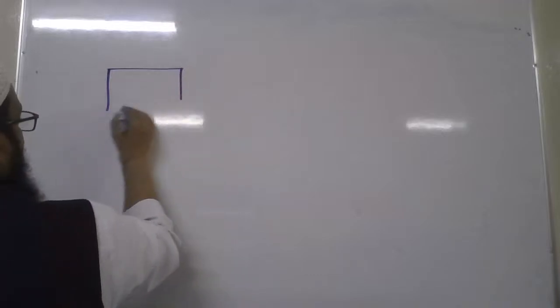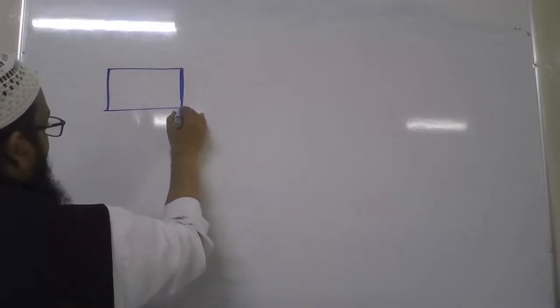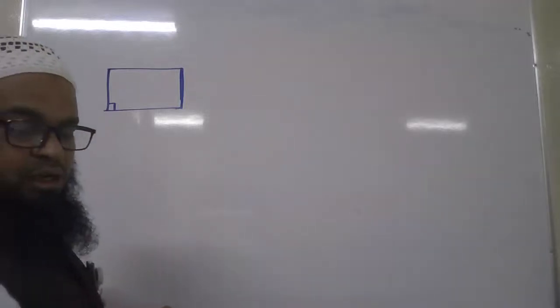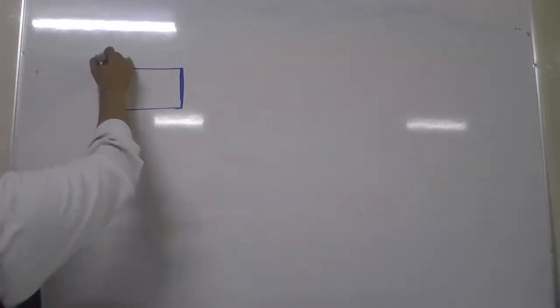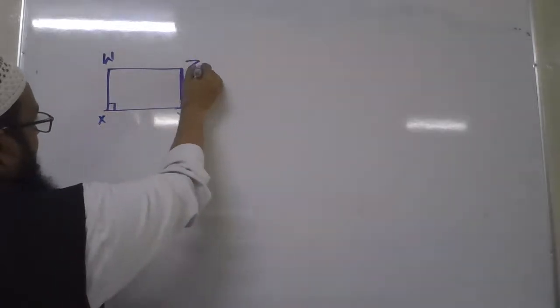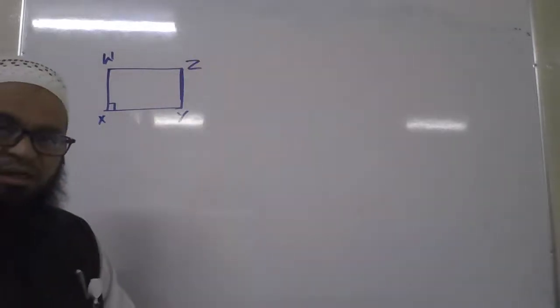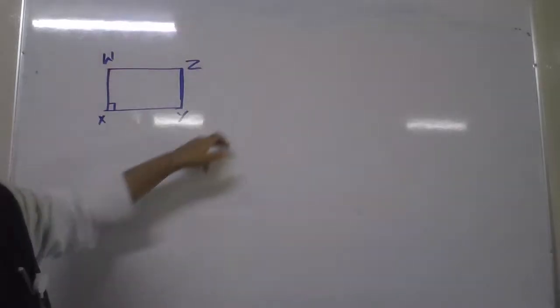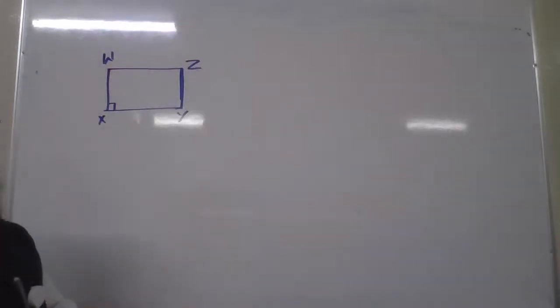What is a rectangle, my dear students? A rectangle is a four-sided polygon with 90 degrees between adjacent sides, W, X, Y, Z. While naming the rectangle, you can go anti-clockwise or even clockwise.